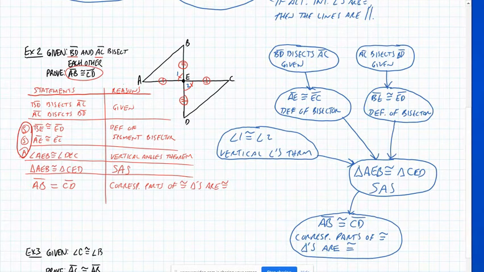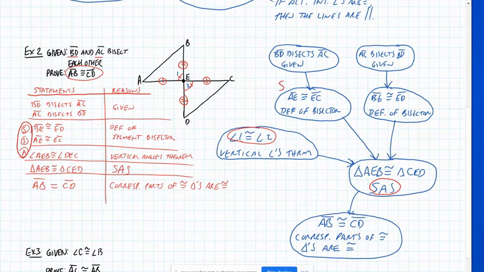And then notice that this angle 1 congruent to angle 2, there's nothing leading to this bubble because there was no fact that they gave us that led us to this. It was simply the diagram. We looked at the diagram and we said those are vertical angles, so those have to be congruent. And so angle 1 is congruent to angle 2 by the vertical angles theorem, and that gives us the 3 parts we need to say that the triangles are congruent.